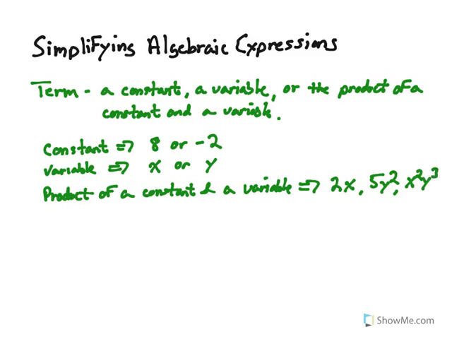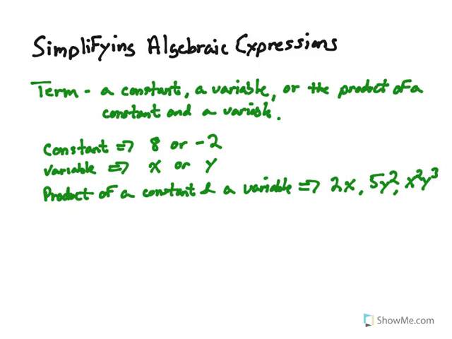Those would be examples of terms with different variables, different exponents. Terms can have exponents. They don't always have to be just numbers or variables. So these are all examples of terms.